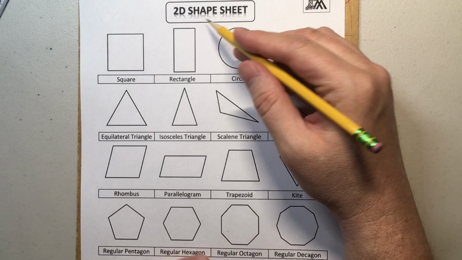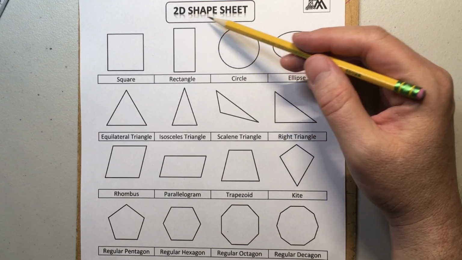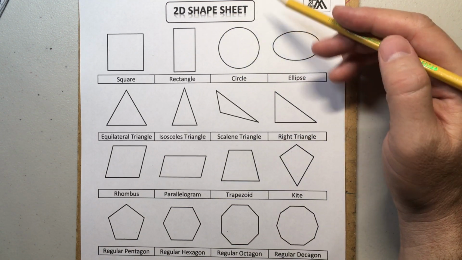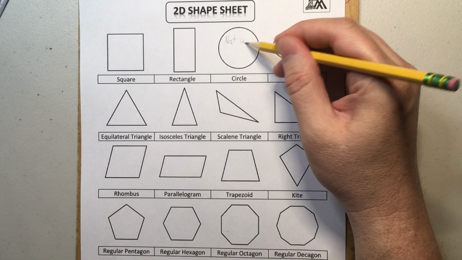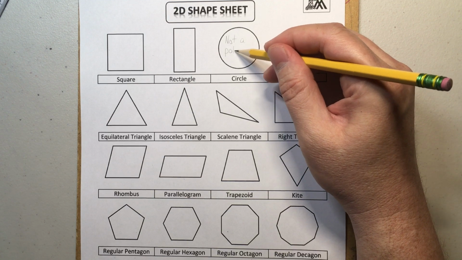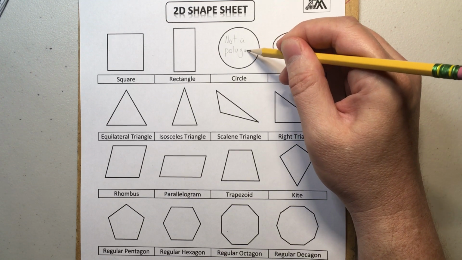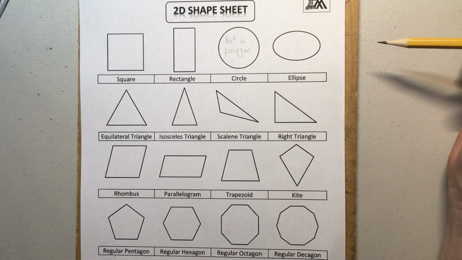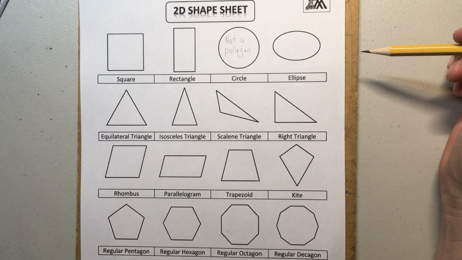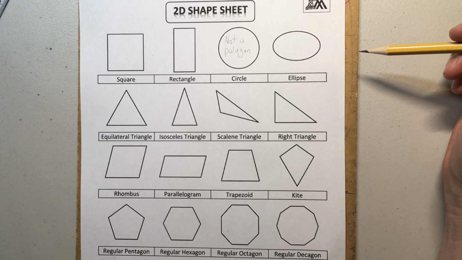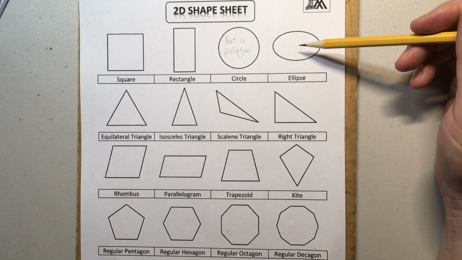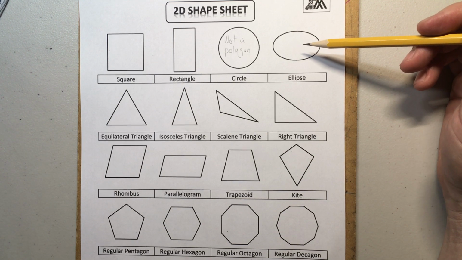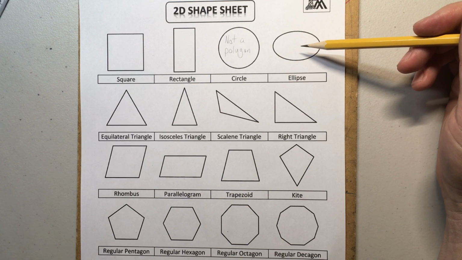So a circle, even though it is a two-dimensional object, is not a polygon. Technically, it does have height and length, but that's determined by the diameter of the object to be able to measure it, and that's not something you need to know right now.